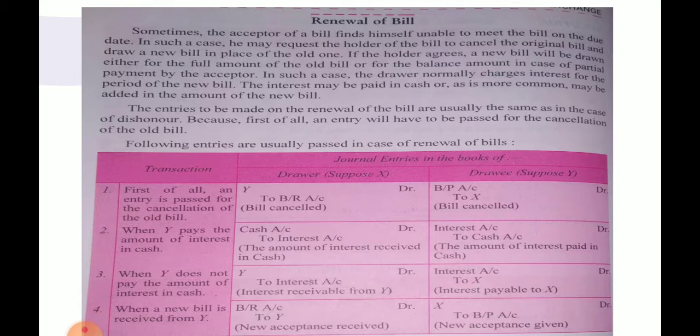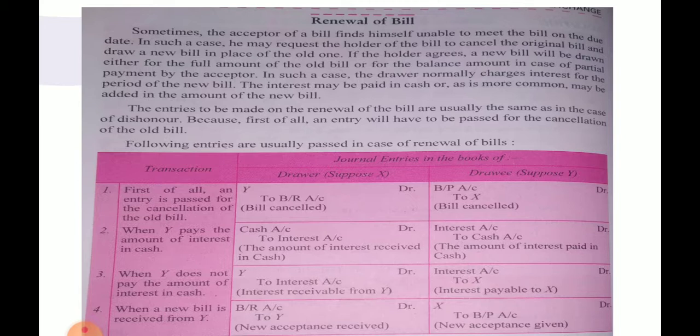So, first of all, an entry is passed for the cancellation of the old bill, so there will be a reverse entry. When Y pays the amount of interest in cash: cash account debit to interest. When Y does not pay the interest in cash: Y account debit to interest.